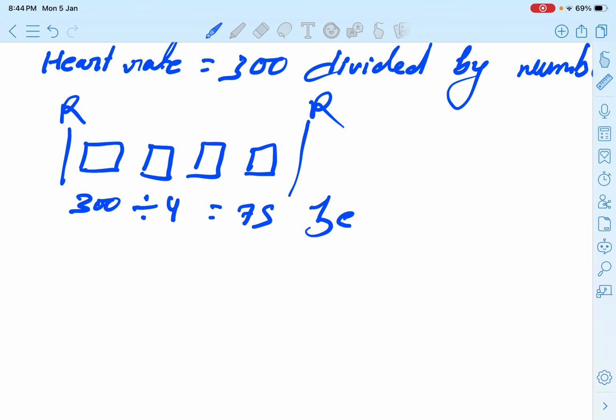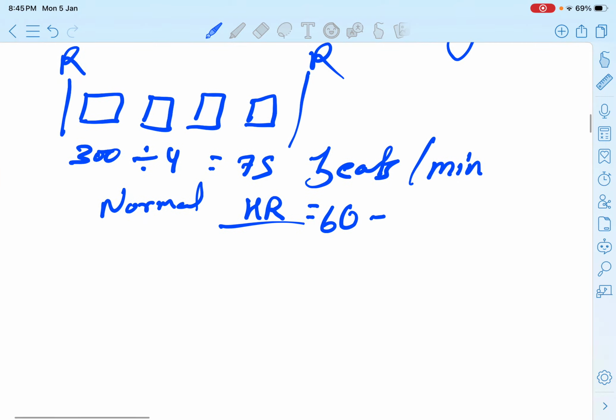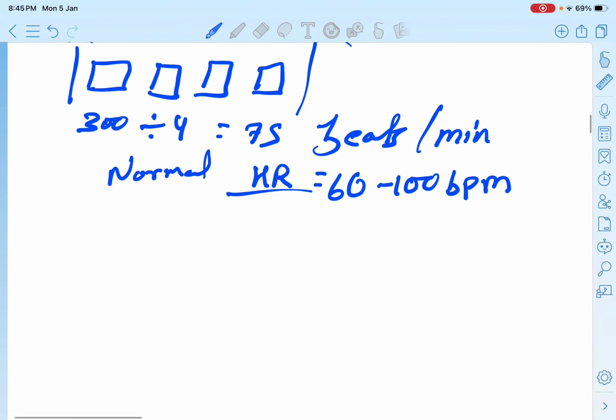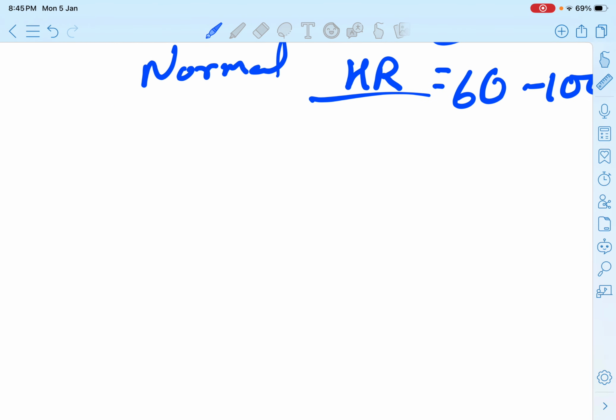It is very simple. 75 beats per minute. So normal heart rate, we will write here the short form, 60 to 100 BPM.